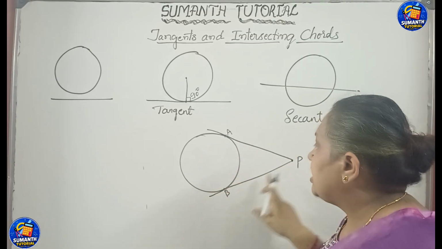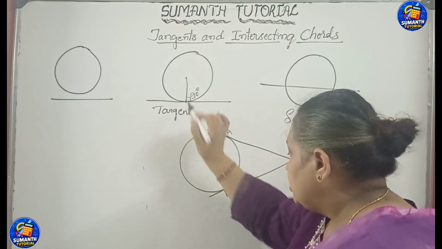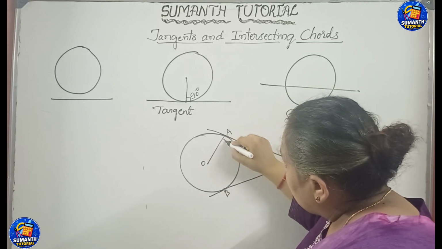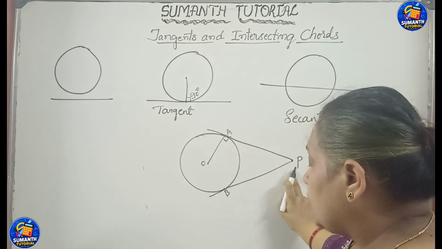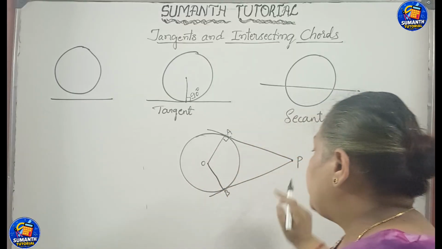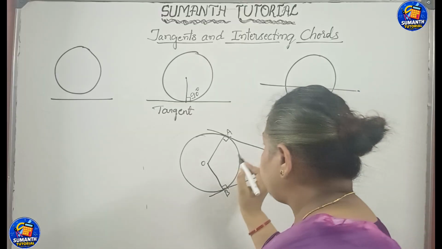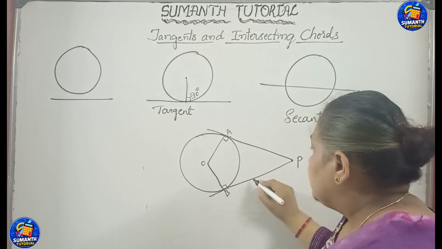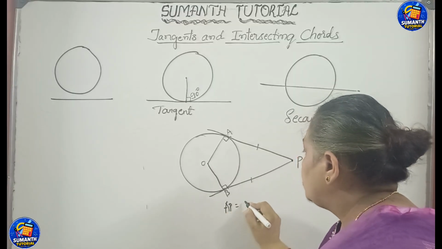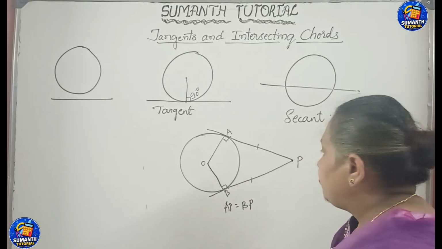Here AP is one tangent, BP is one tangent. According to the property that I have explained, if O is the center, then angle OAP is equal to 90 degree and angle OBP is also equal to 90 degree. Second thing is, the distance AP is equal to the distance BP.